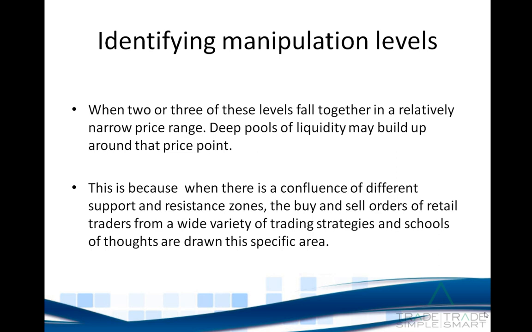So, for example, if we have a trader who primarily trades horizontal support and resistance zones, and we have a Fibonacci trader, and on any one chart we have the 50% internal retracement fall very closely to a horizontal support and resistance zone, such as the high of the Japanese range, for example, then we're going to have a build-up of orders from 2 different types of traders from 2 different schools of thought.